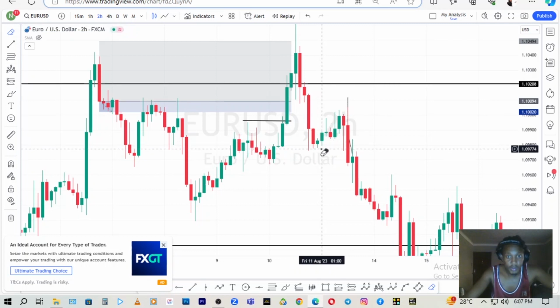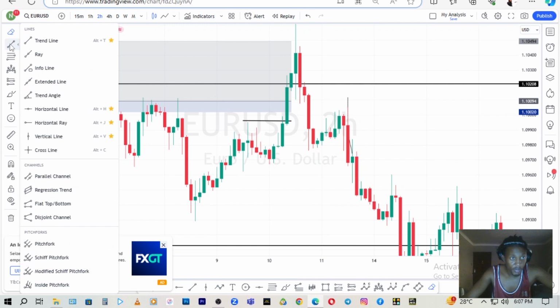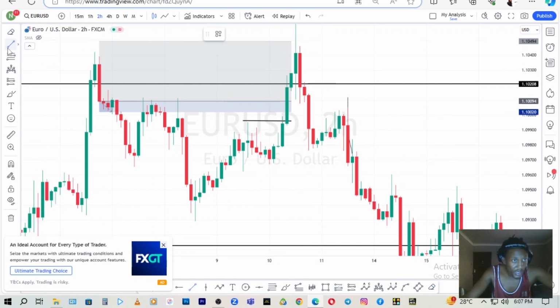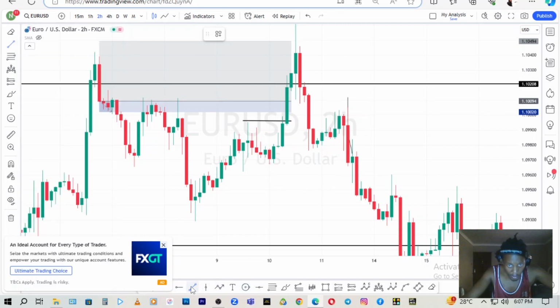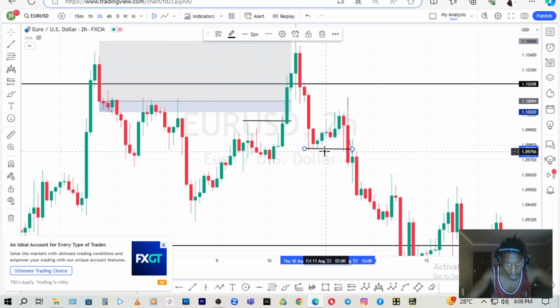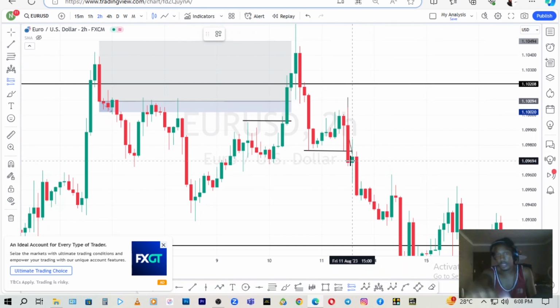So overall, I would have entered over here. I'm looking for this. This would be my entry after the break of this level. My entry, I just enter aggressively, or I can wait for a pullback to this level over here.